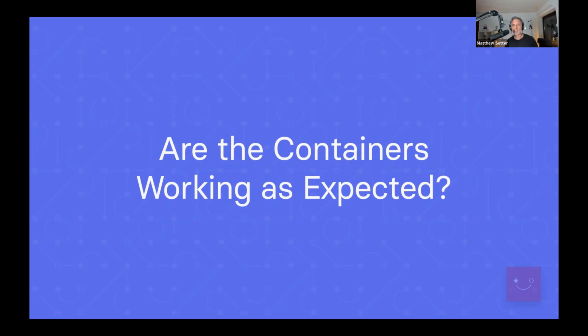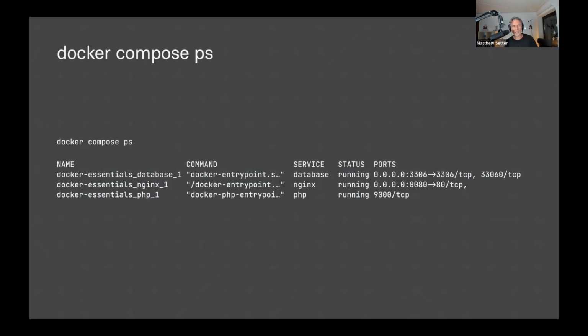So two ways you can do this are the docker compose ps and docker compose logs commands. Starting off with docker compose ps, as you can see here, this command is analogous, if you're familiar, to Linux's ps command, which displays process status information. If we run it, as you can see here, it will show a list of all of the containers in this particular configuration, including their name, state, and ports.